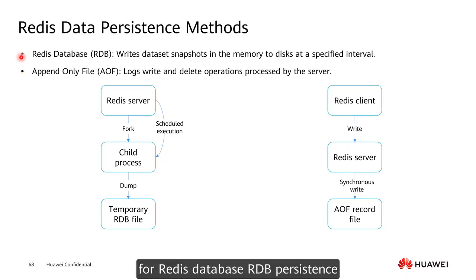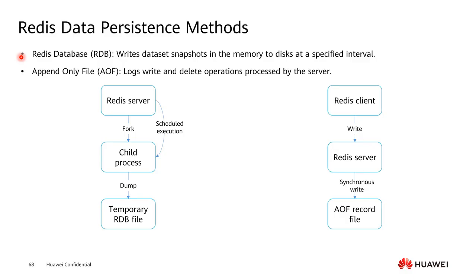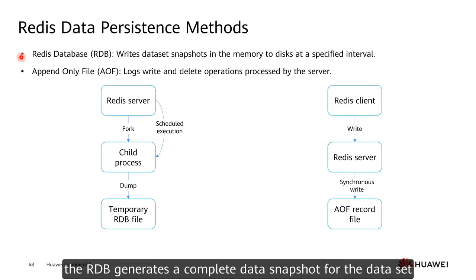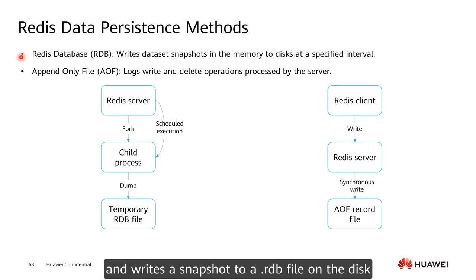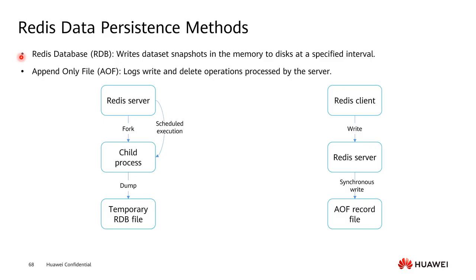First, Redis database RDB persistence. The RDB uses snapshots. At a preset interval, the RDB generates a complete data snapshot of the data set in the current Redis memory and writes the snapshot to a .rdb file on disk.